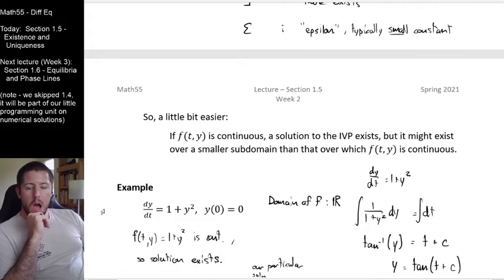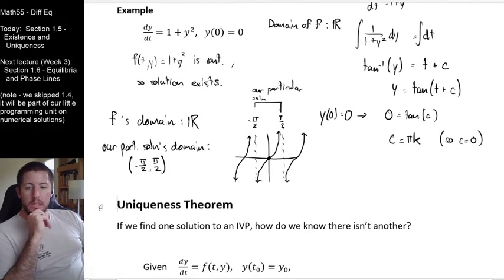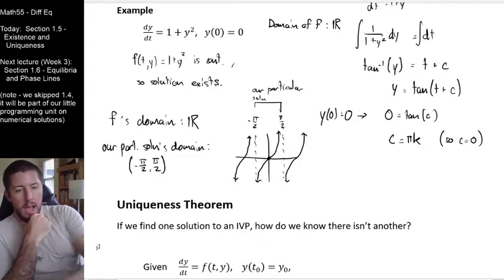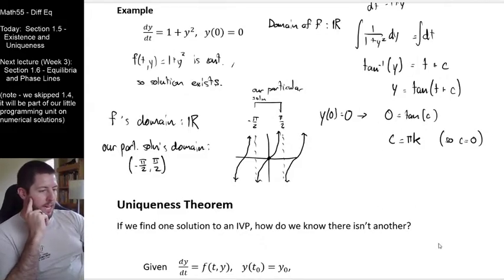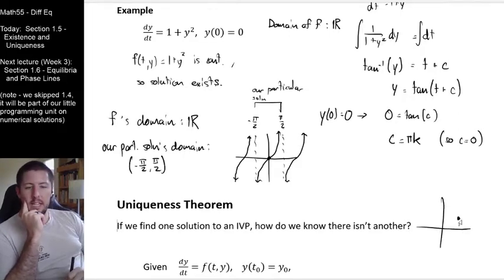Now let's talk uniqueness theorem. If we can find a solution to an initial value problem, how do we know that there's not another one? Here is my potential graph. If you are given some initial condition that sits out there in space, maybe you come along and find some solution curve that looks like this.